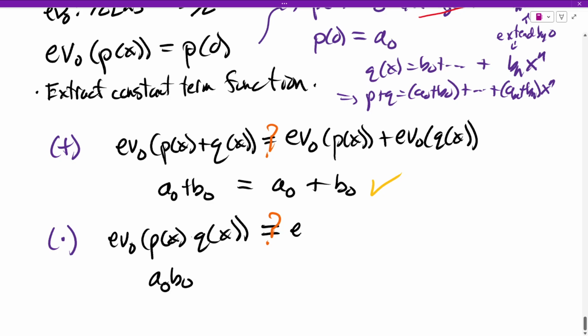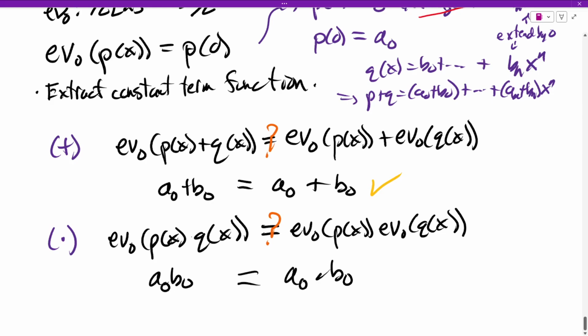That's just how it works. And if you need to multiply them, sit there and multiply them. On the right-hand side, we have the constant term of P times, again, the constant term of Q. Do we get the same thing? Yeah, of course we do.